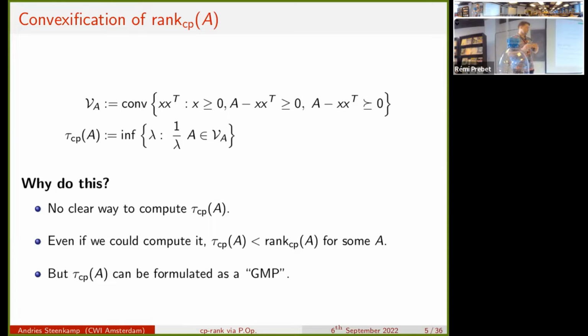I don't know how big this gap can be between the convex parameter and the combinatorial one. But there is a silver lining. We can reformulate tau CP as a GMP, and that will allow us to attack it using a hierarchy. The hierarchy steps we will be able to compute.